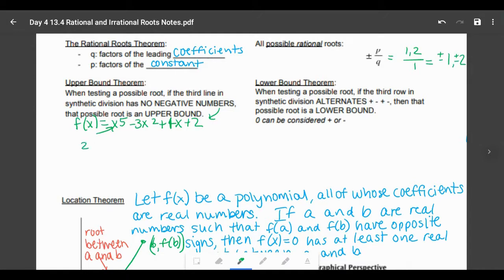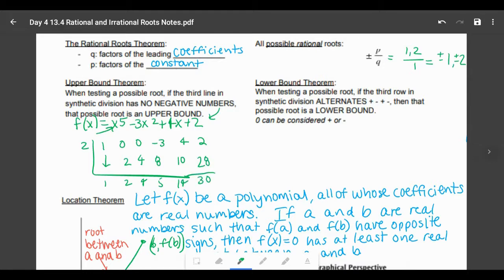If I were just to test the number 2, I'm going to do my synthetic division. Make sure that you indicate a 0 where you are missing some terms. If I do my synthetic division really quickly here, I'm going to look at what I have in this bottom row.